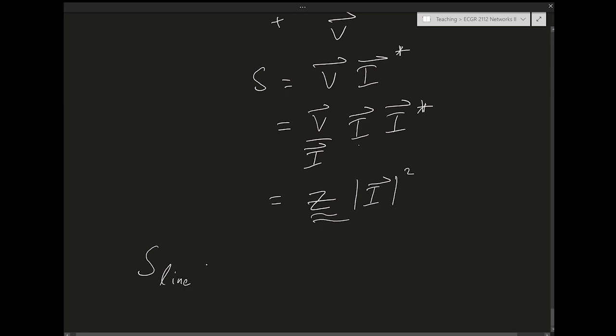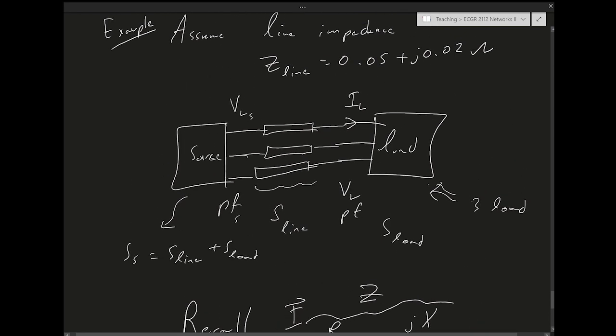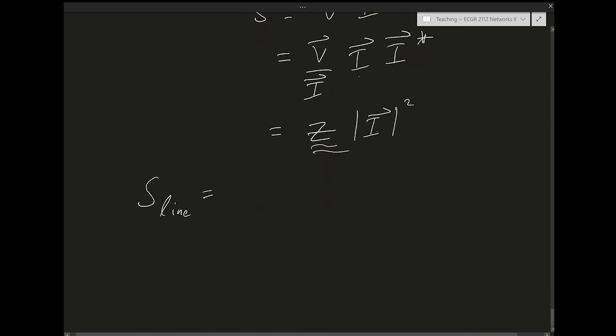So what is S line then? In this case, we have three lines, so it's a three-phase system, and we're going to have the factor of 3. Then I'm going to put in Z, which is 0.05 plus j0.02. And then the current flowing squared is going to be IL squared. What is IL squared?